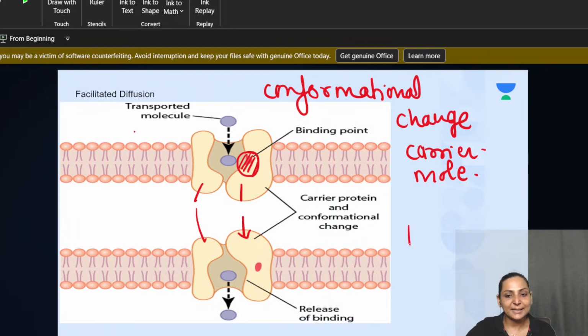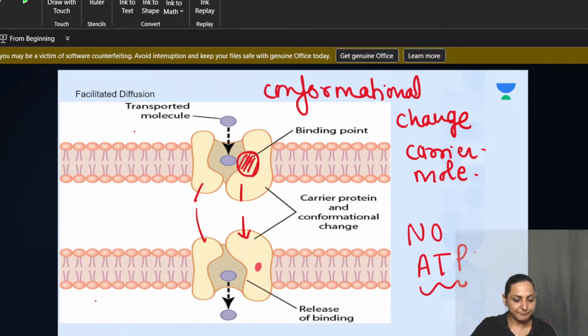Nowhere can you see that ATP is used. So just a conformational change and there is no use of ATP.